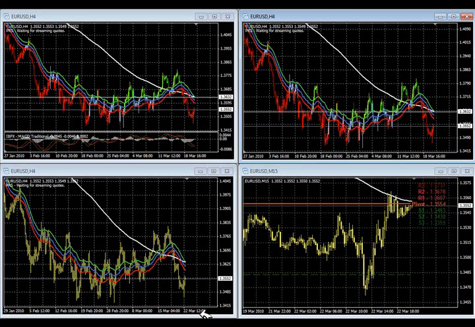So a 5-minute pattern would be a smaller pattern. A 5-minute setup would probably have less risk and likely less reward. Just like a daily chart, because of the larger range, a larger pattern, a larger setup, will likely have more risk but likely more reward. That's just generally speaking because of the type of price movement you see.